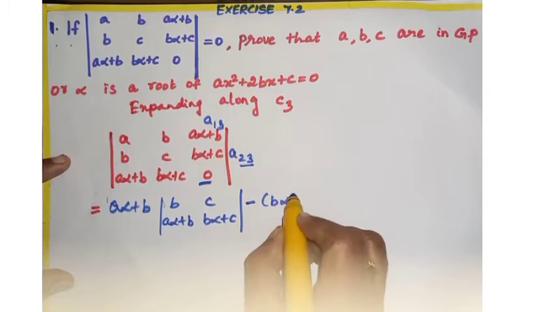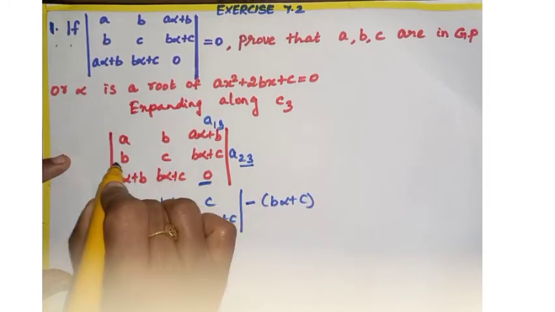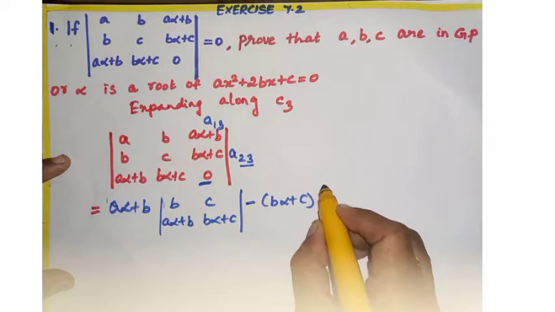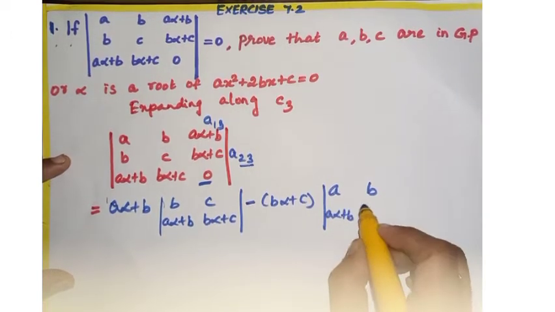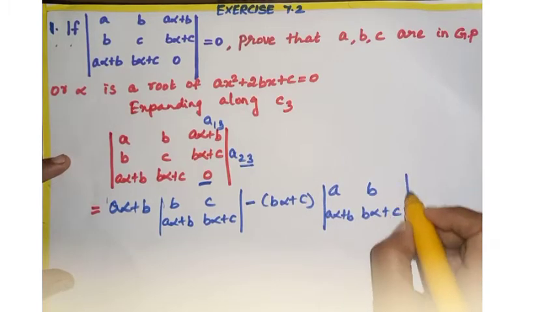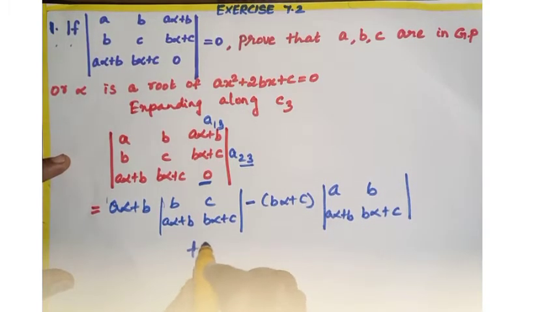Delete the second row and third column. You have the submatrix A, B, A alpha plus B, B alpha plus C, plus 0.